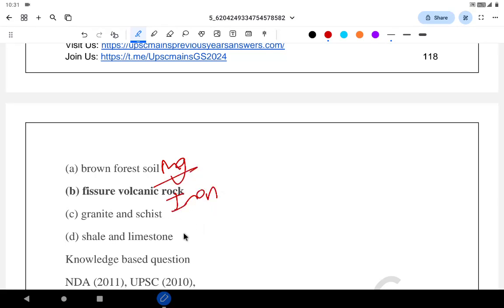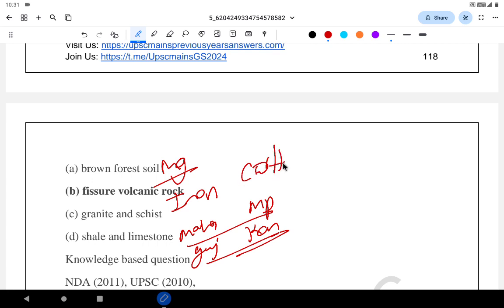Usually these areas are known for growing cotton. This question regarding the black cotton soil was asked in 2011 and UPSC 2010.